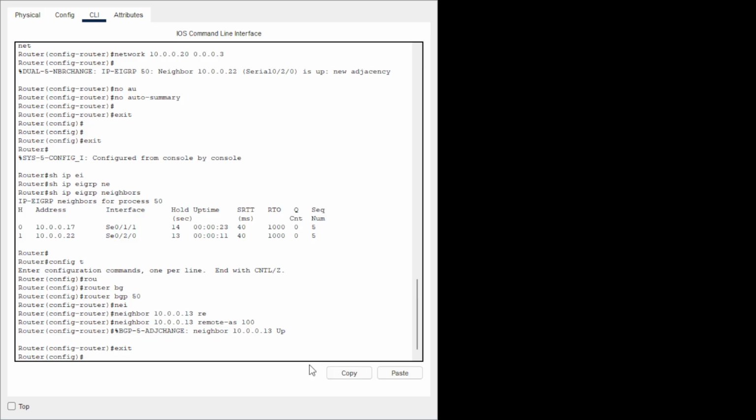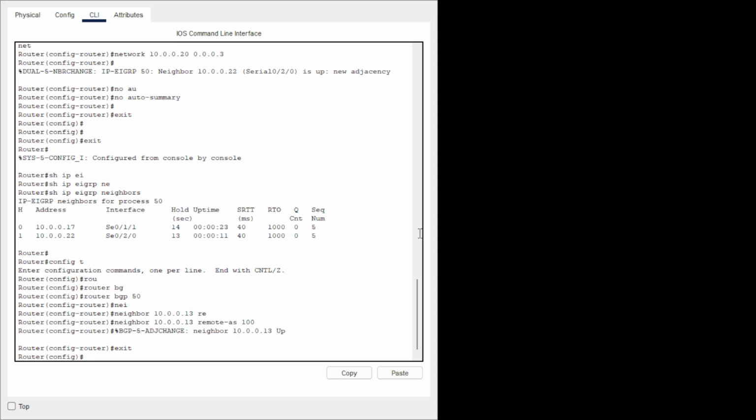Then the delay is 20,000 microseconds, but in redistribution we have to write it in tens of microseconds, so 2000, because 2000 times 10 is 20,000. So 2000 is the delay, then reliability is fully reliable, 255, then the load is 1, and MTU 1500.